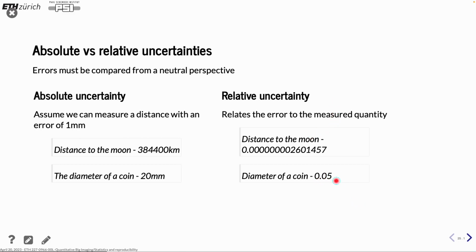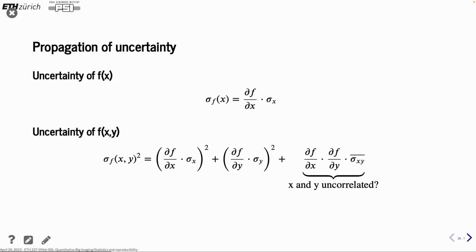Whereas if you measure the diameter of a coin, it's 5% uncertainty. So if you are comparing things with large differences, it's more reliable to work with the relative uncertainty. It gives you a better picture of the whole thing.